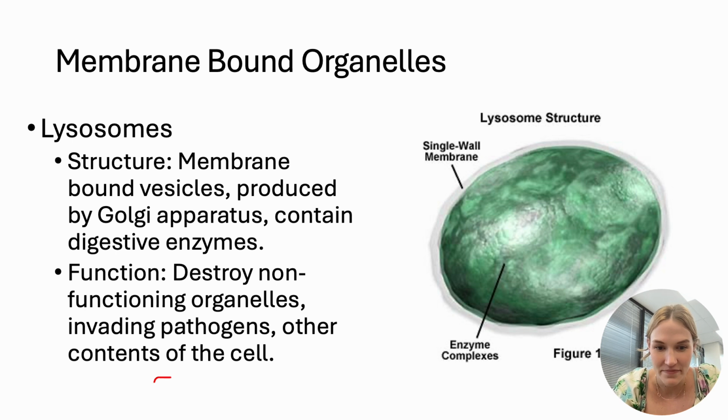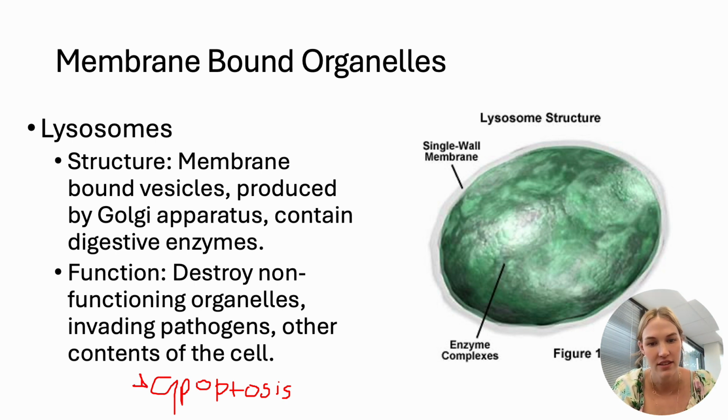I'm going to try to write it. My handwriting is not very good when I'm using my mouse. I apologize. Apoptosis, which is programmed cell death. And the lysosome is very important for this process. You should know that. Star it. Know that it's very important for apoptosis.